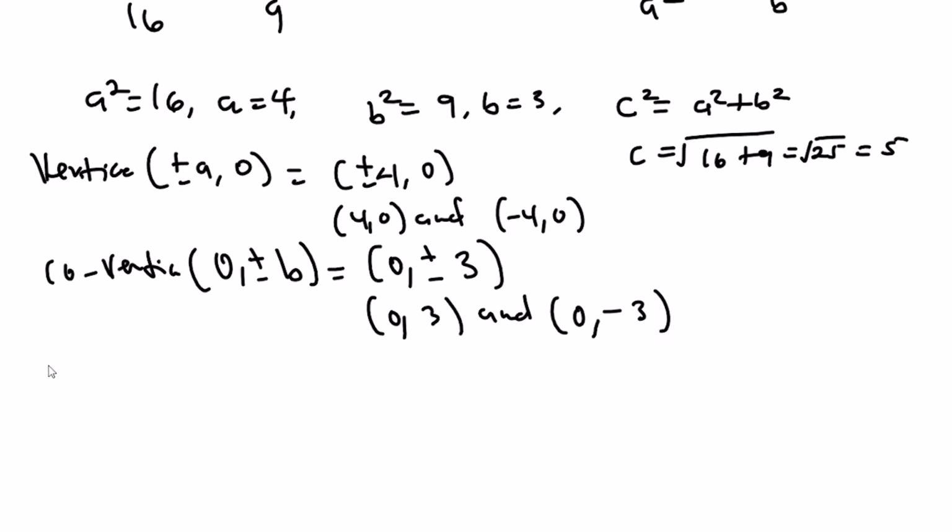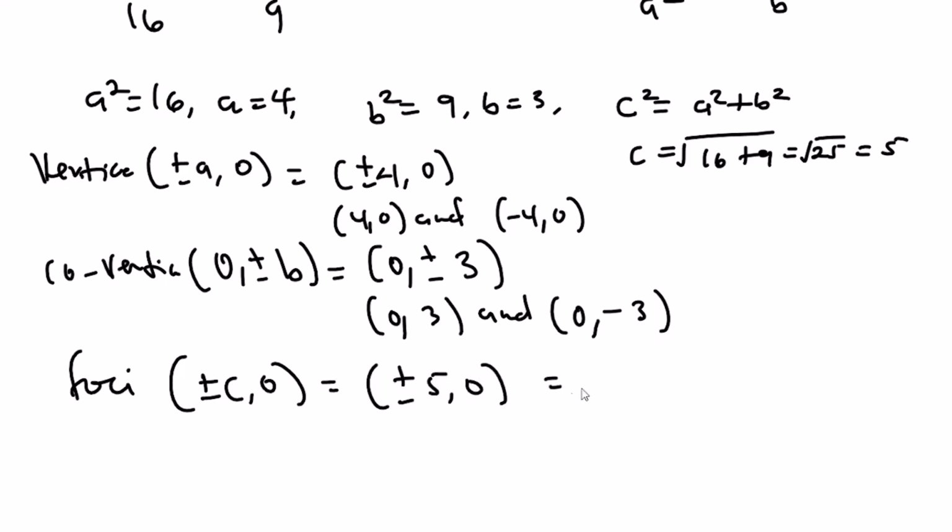Now let's look at that of the foci. Now it is on the x-axis, so it will be plus minus c, 0. Then we get our c being 5, so it's going to be (5, 0) and (negative 5, 0).